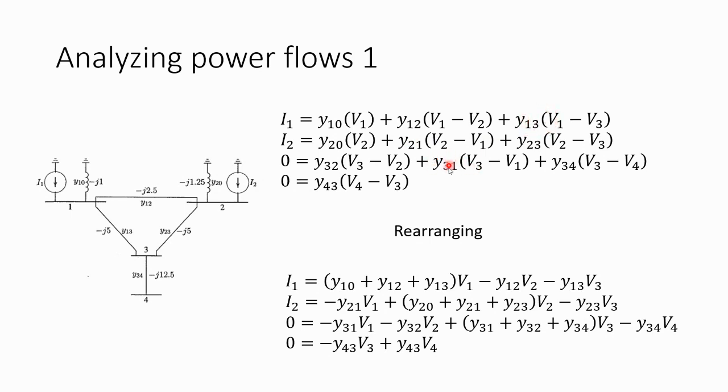Y13 and Y31 is another example. It doesn't matter how you write the admittance notation, whether it is Y34 or Y43, because they are referring to the same branch. So I hope this doesn't create confusion.